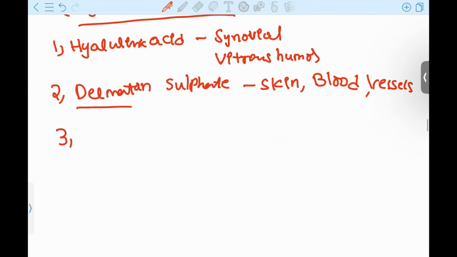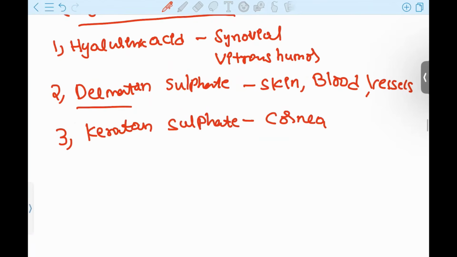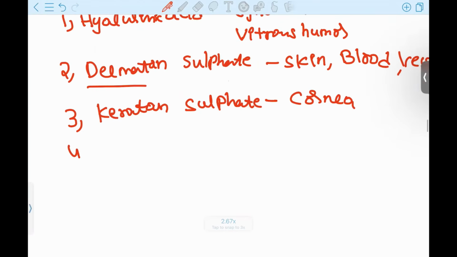Next, keratan sulfate. The keratan sulfate is present in the cornea. And the last one is heparan sulfate. Heparan sulfate is present in the basement membrane of the kidney.